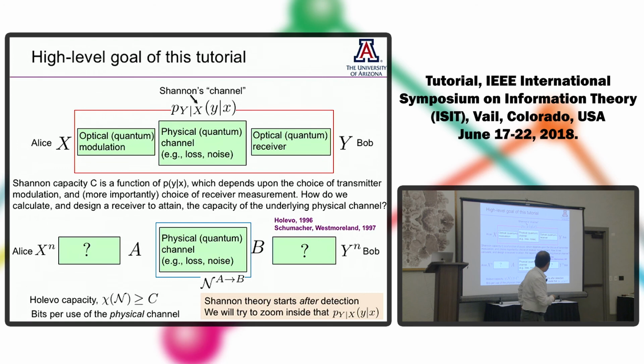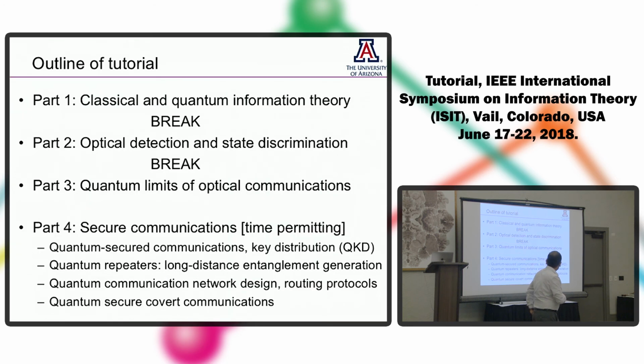Okay. All right, so let's go to my outline. I'm going to start with about a 45 to 50 minute tutorial on classical and quantum information theory. And as I go through each of these topics, I will build up some concepts, sometimes not in full rigor.